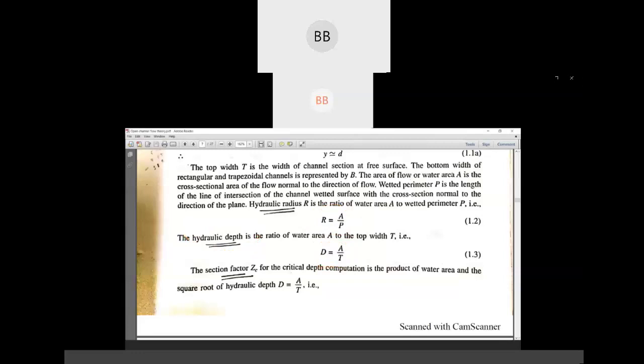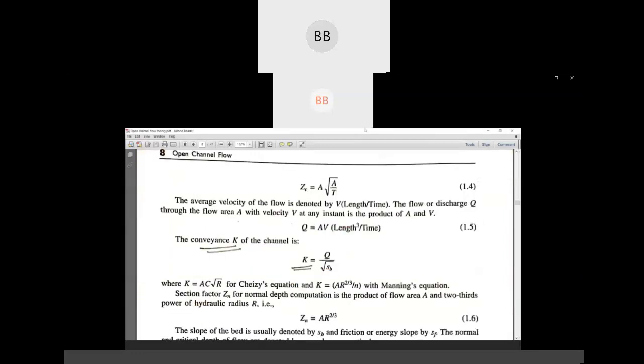Then another important term is K value, that is discharge by root over bed slope. SB is nothing but your bed slope.